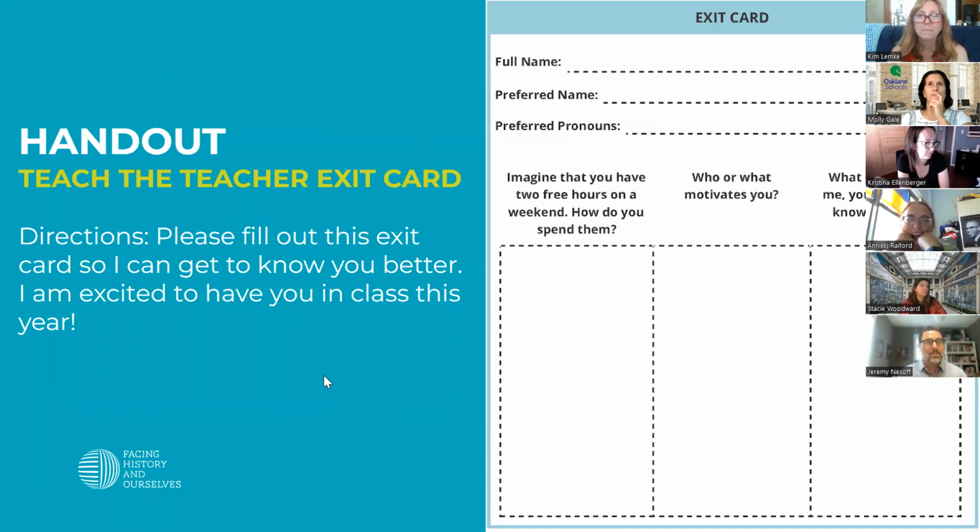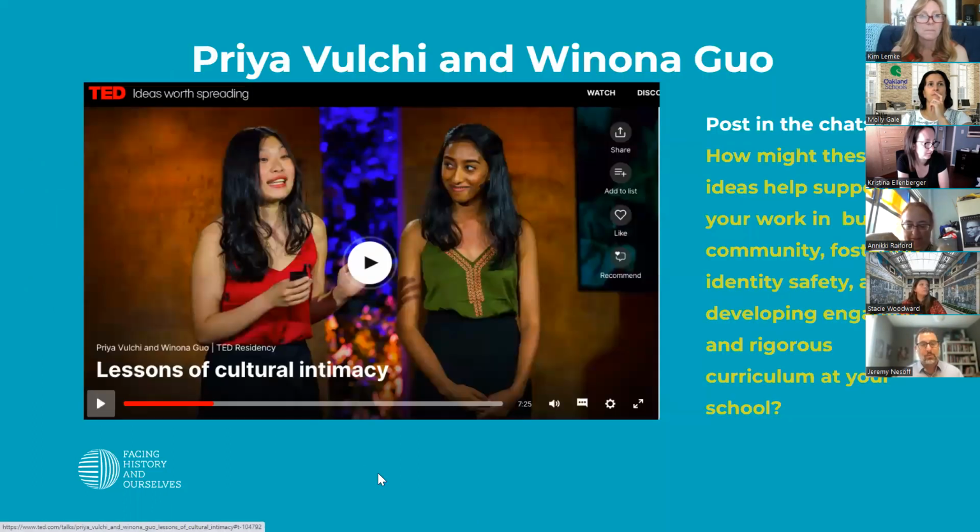And then I just want to share in this next slide, this is just a really great video. We're not going to watch it now, but these are two young women who were Facing History students who ended up creating a project on cultural intimacy.